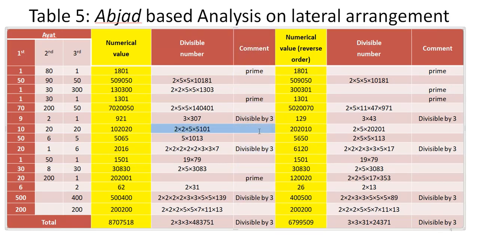Here there is no comment because it is not divisible by 3. Here we see the multiplied numbers, which after multiplication come to this number. So this is the explanation of this section.